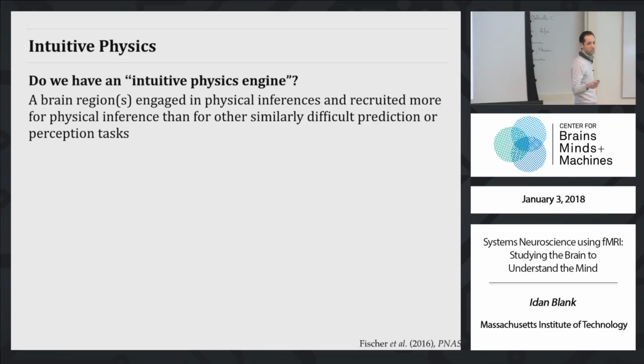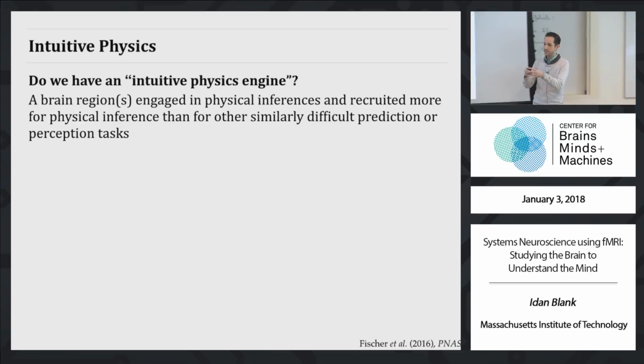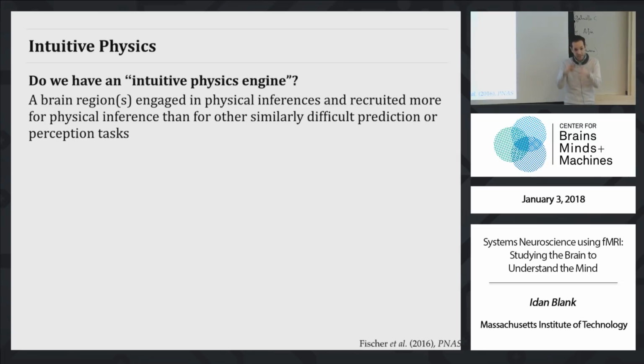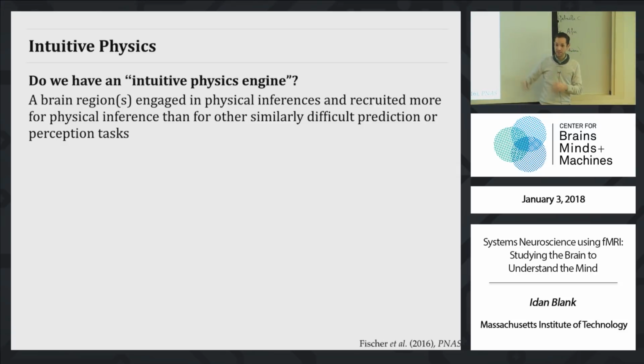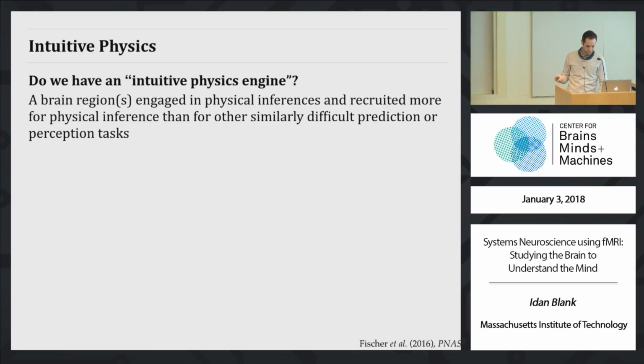So obviously, because we can do these judgments, like I showed before, they happen somewhere in the brain. But the question is, do they get their own dedicated neural real estate? Are there regions that are particularly dedicated to this task? Or do we just use general resources like general intelligence, working memory to solve these things, and they don't have their own unique engine?